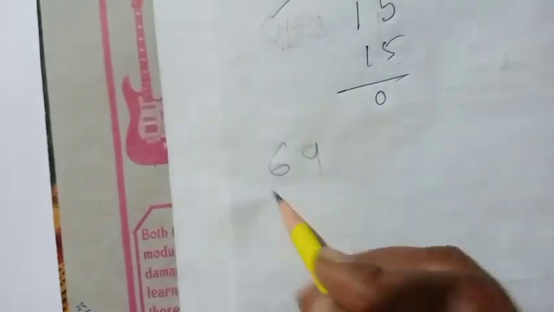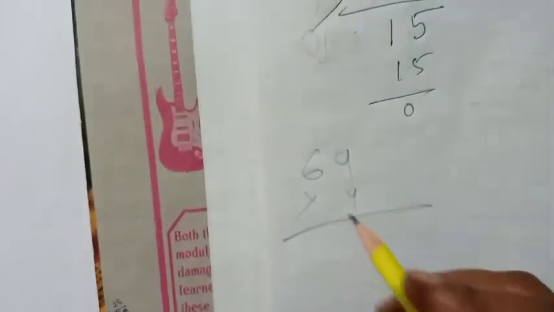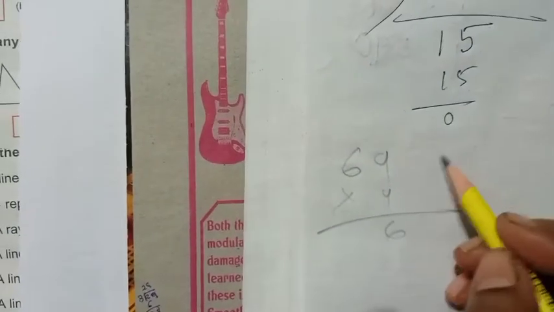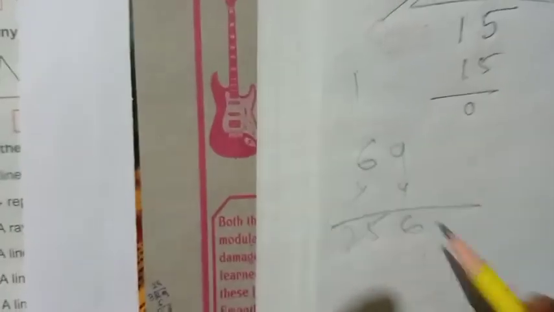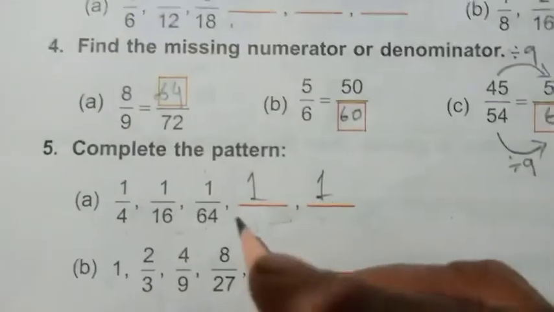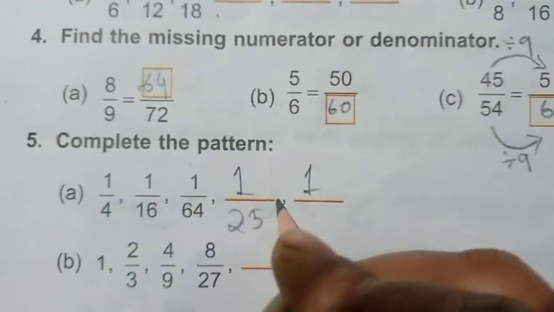These are unit fractions. So you multiply 64 into 4, what will you get? 4 4s are 16. This is 256. So write here 256.